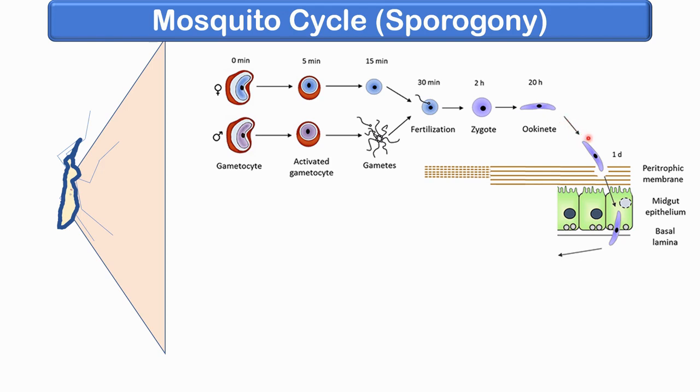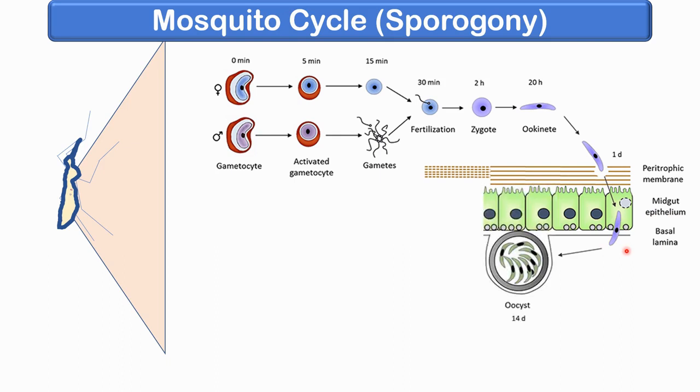It penetrates the epithelial lining of the mosquito's stomach wall and comes to lie just beneath the basement membrane. It becomes rounded into a sphere with an elastic membrane. This stage is called oocyst, which is yet another multiplicatory phase within which numerous sporozoites are formed.